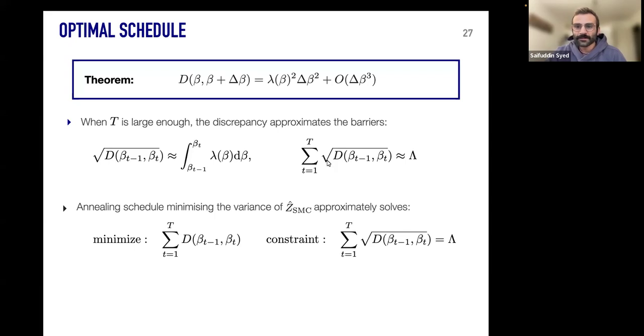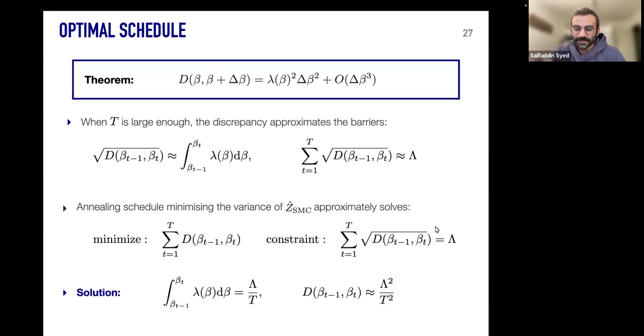So in particular, for a fixed rho and for a fixed n, the variance of our normalizing constant estimator corresponds to minimizing the sum of these discrepancies with the constraint that the sum of the square roots of these discrepancies is equal to lambda. I'm just pretending that this approximately equal to is now an equal sign.